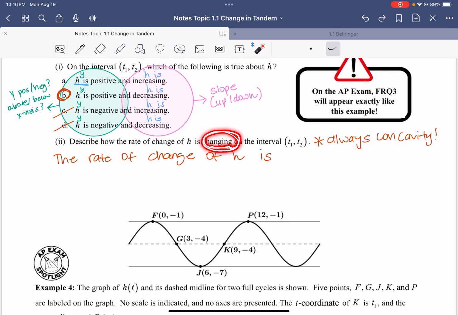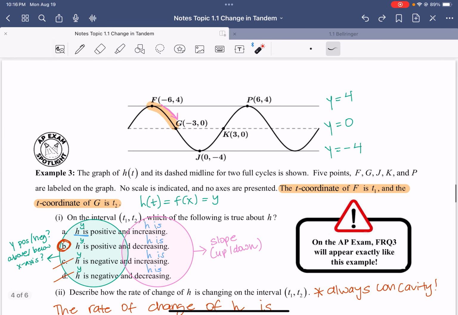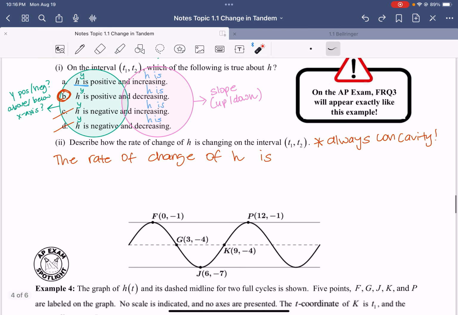Is it increasing or is it decreasing? So I'm going to look at here and let's look at the graph. So as we go up, these are positive rates of change, and then it starts to decrease and they become negative. That means that overall, the rates of change are decreasing. And you can see that the graph of H is concave down. So that's what I'm going to put.